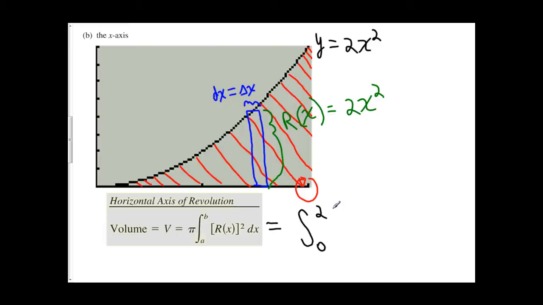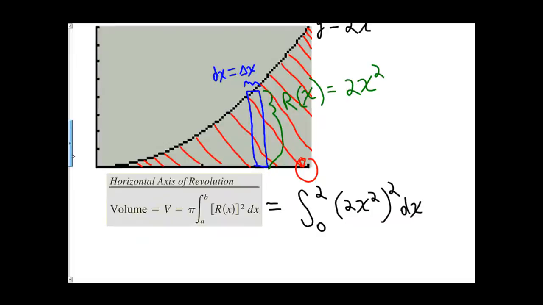So the r of x is 2x squared, and we're just going to plug that in here. So it's going to be 2x squared squared dx. So this is the integral that I am going to calculate to give myself the volume of this shaded region.